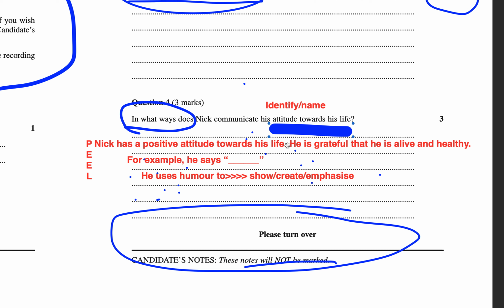Because positive is such a broad word. Anything can be positive. Grateful, happiness, and so forth. So he's grateful that he's alive and healthy. By the way, I am slightly making these answers up just for the purpose of showing you how it should be structured.